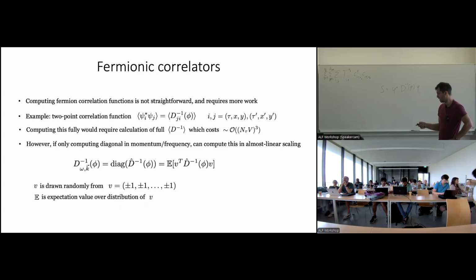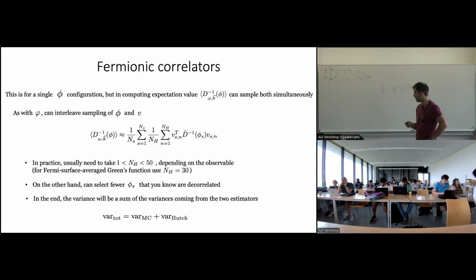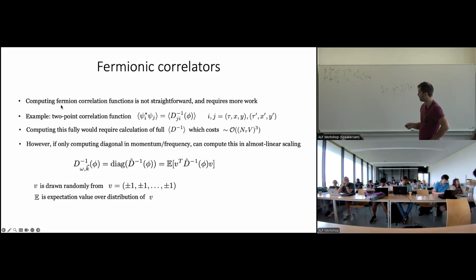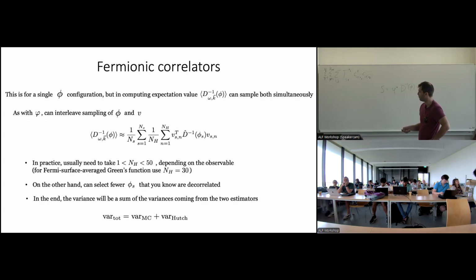So this is some mathematical identity that now I'm going to use to express specifically the Fourier components of the Green's function in the Fourier space. So that's how we're going to do it. And what I wrote previously was for a single phi configuration.